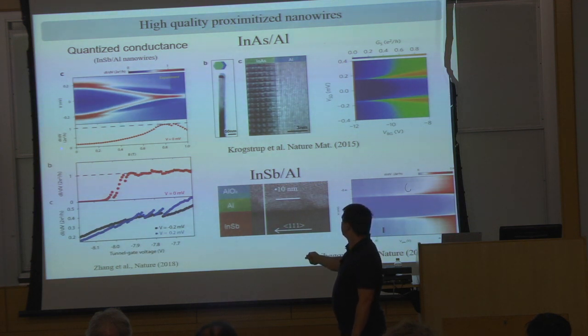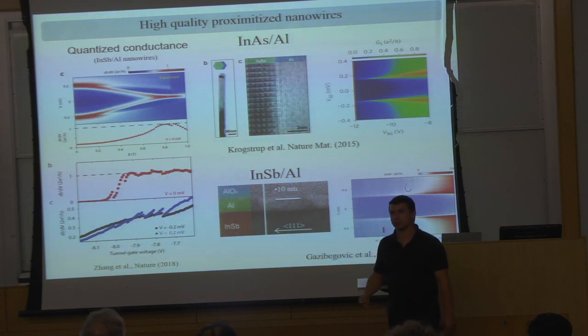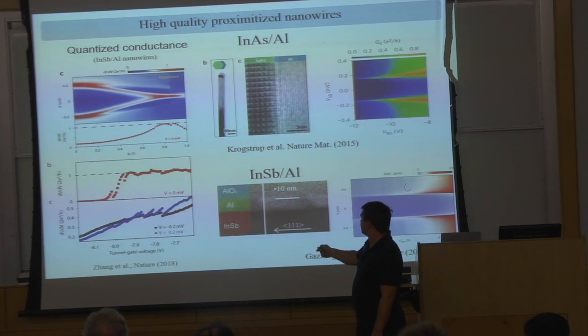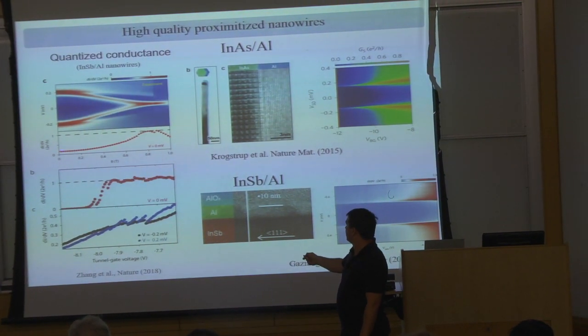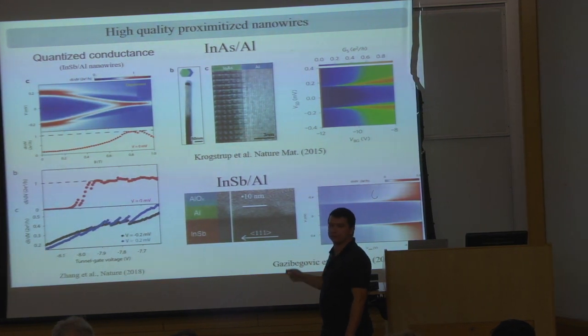So this is magnetic field, and there's a gap closing, and then appearance of a zero energy state, which corresponds to Majorana modes. And you can also see that if you look at the magnitude of the peak, it reaches the quantized value of 2e squared over h.